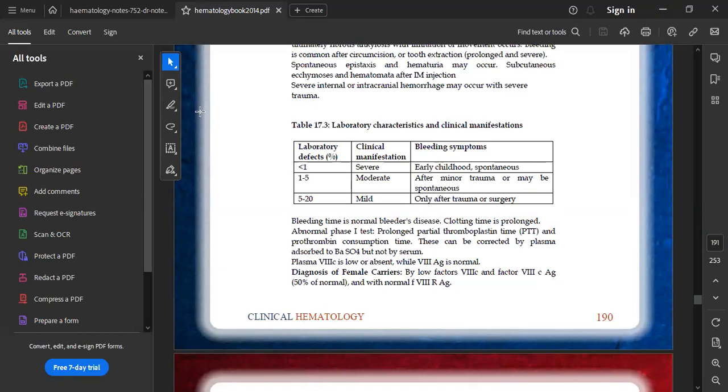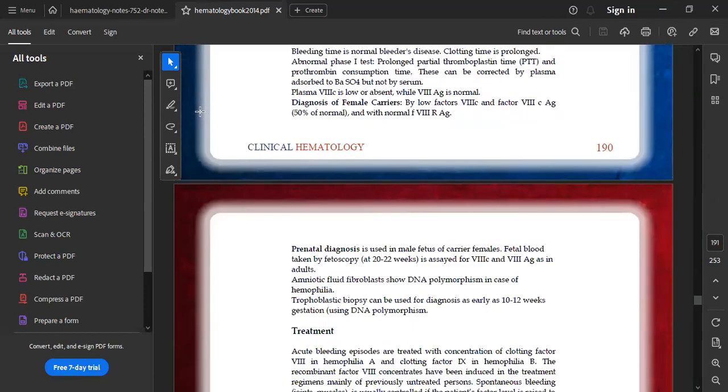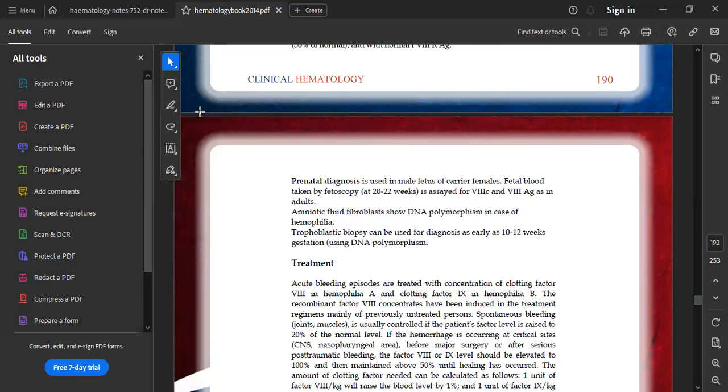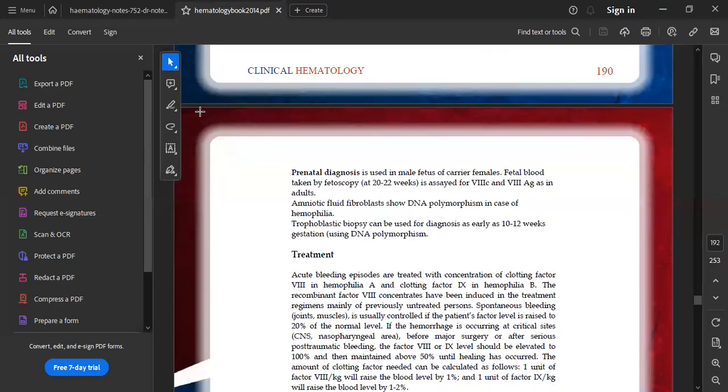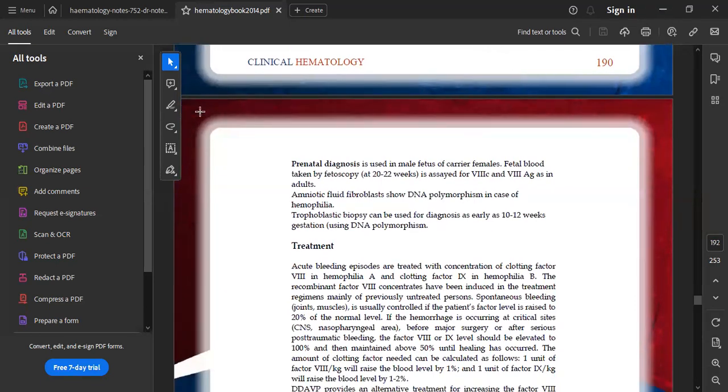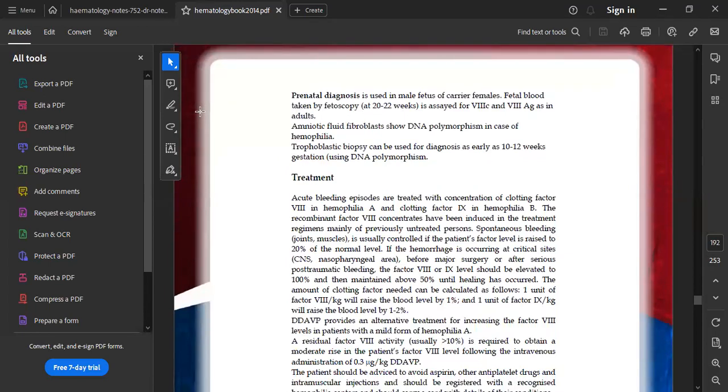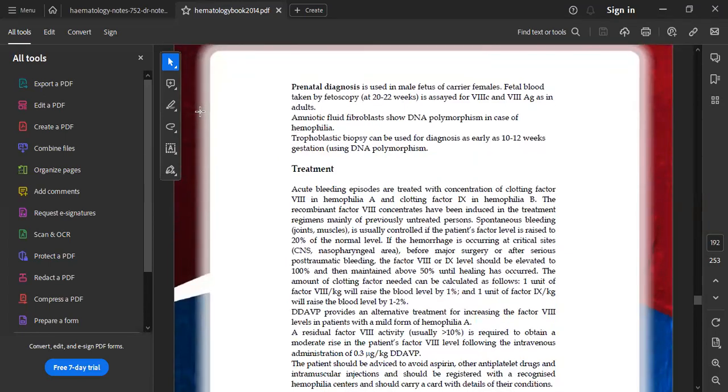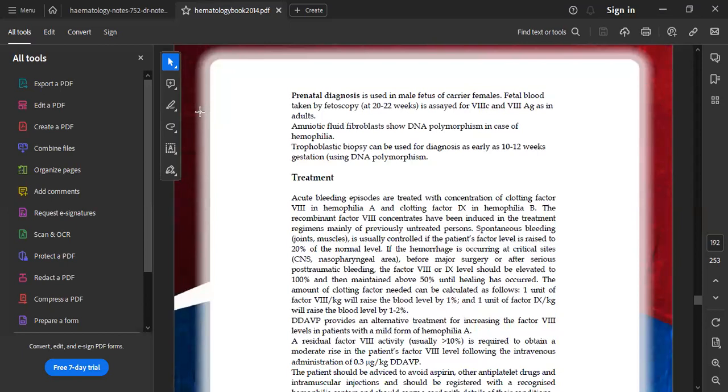Females can be carriers, so the females don't usually get it. It's important to do prenatal diagnosis for hemophilia. The treatment involves supplementation of factor 8, and for hemophilia B, you need to supplement factor 9.